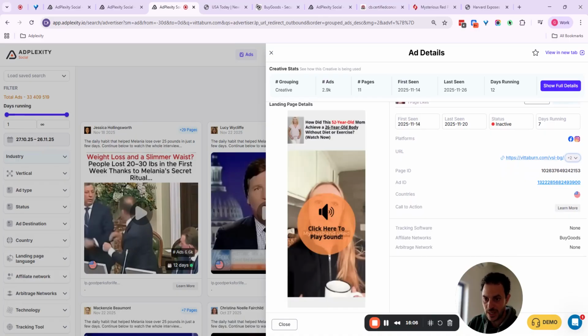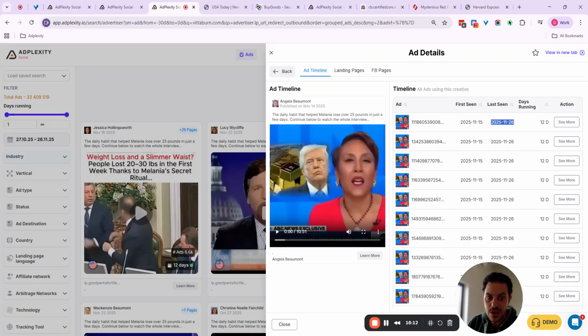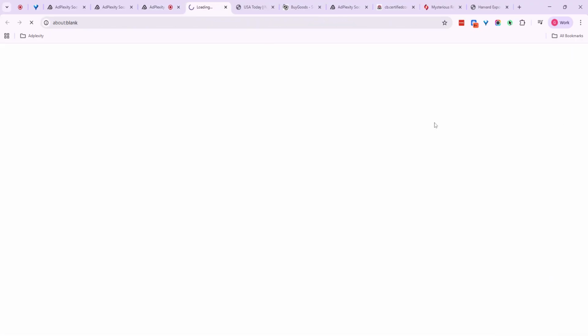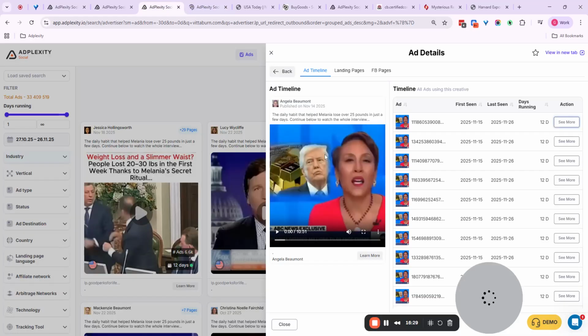But this is how you can expose which are the top ads being used by affiliates. And again, you can see that this is very, very recent, probably still active today, which is telling us that we are not looking at data that is old or outdated. We're looking at very recent data with a lot of aggregations and power that can give us ideas on what things are working the best, which angles are working the best.